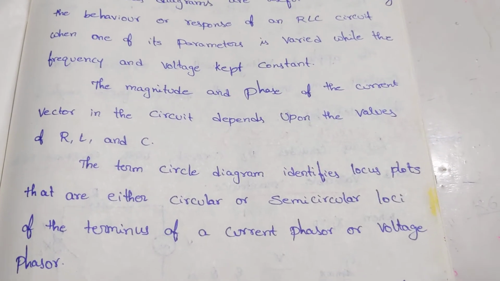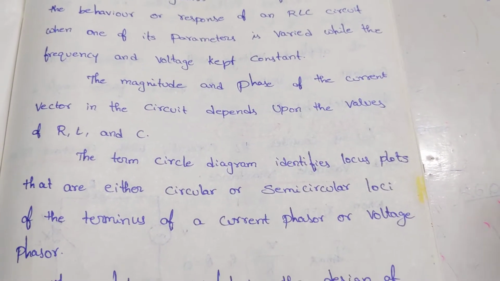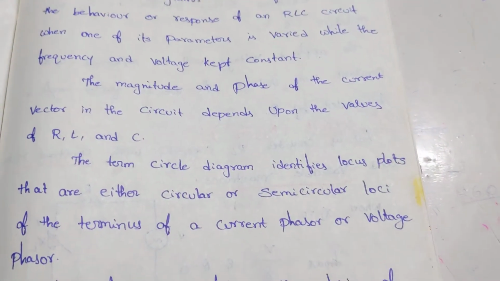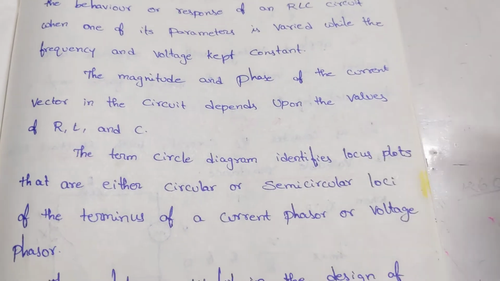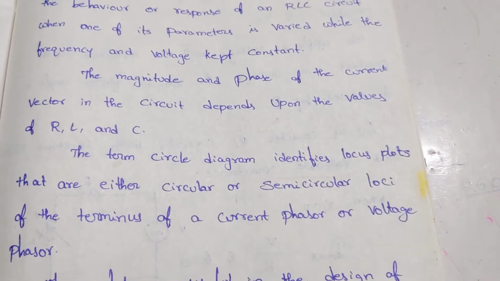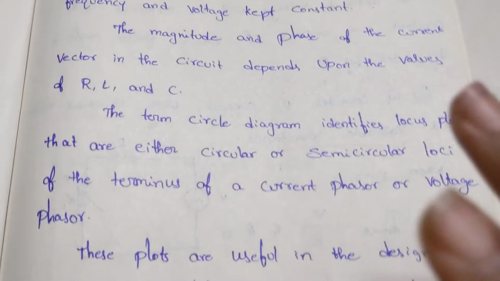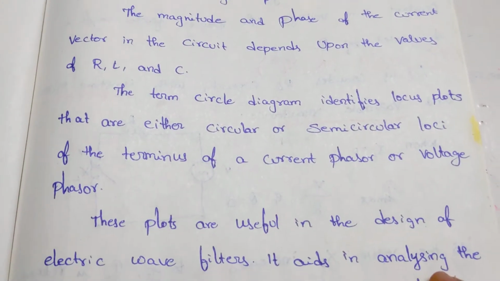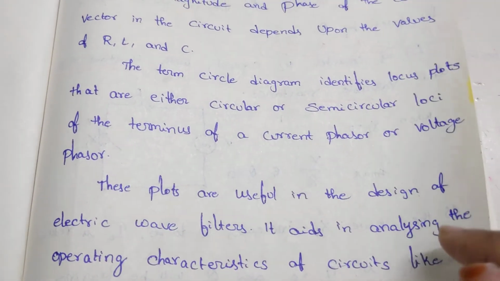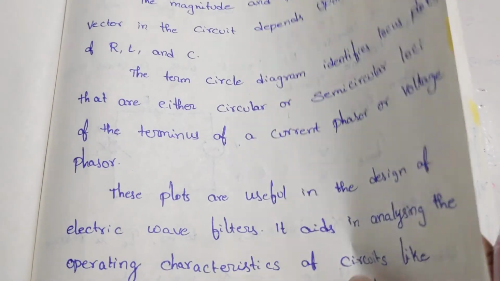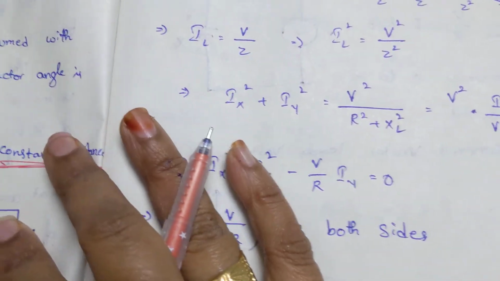In simple fashion, whether the voltage is leading or lagging, the way we say it for an inductive circuit or capacitive circuit, we see in the form of a diagram in these locus diagrams. These are also mainly meant to design filters or to analyze the characteristics of transmission lines. Now we go for the series circuits.